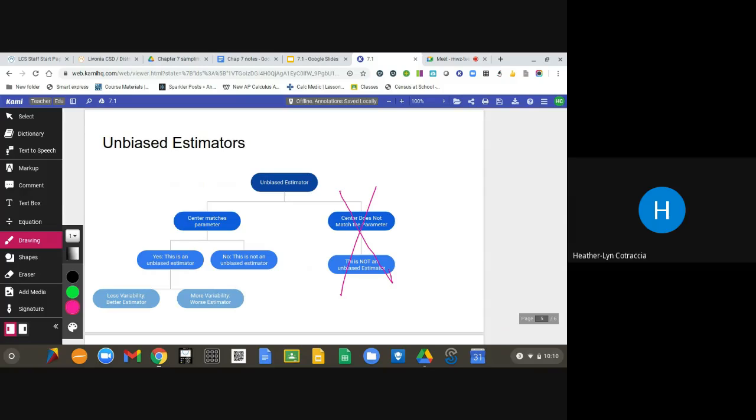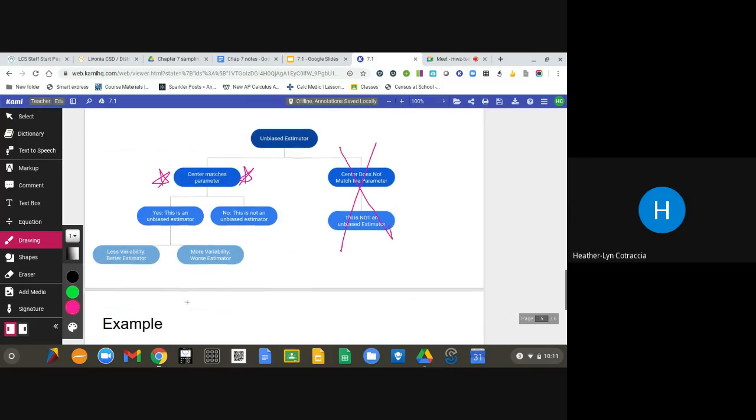If yes, then it is an unbiased estimator. If no, then it's not an unbiased estimator. Okay, so center must match. That's number 1, most important. So remember, you're going to look at the median or the mean, and then you're going to look at variability. Less variability is a better estimator. More variability is a worse estimator.